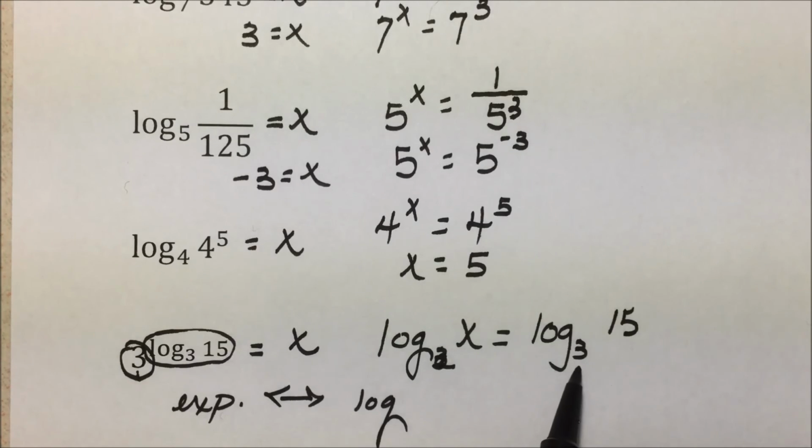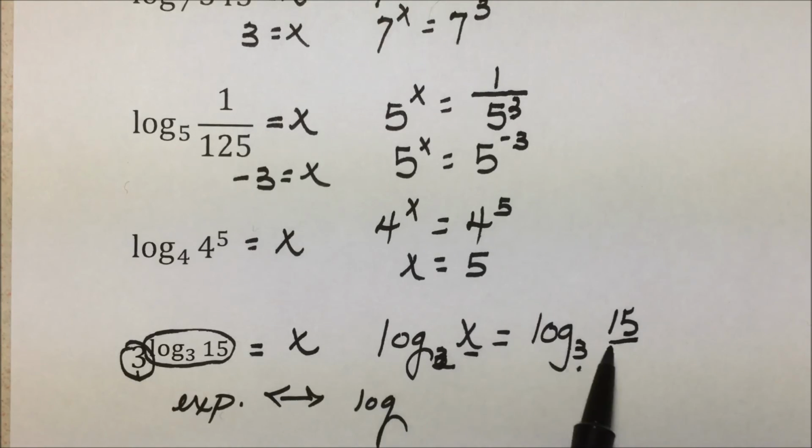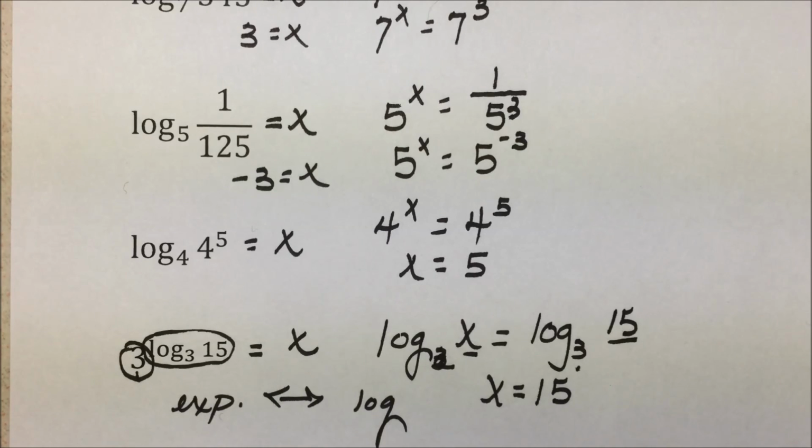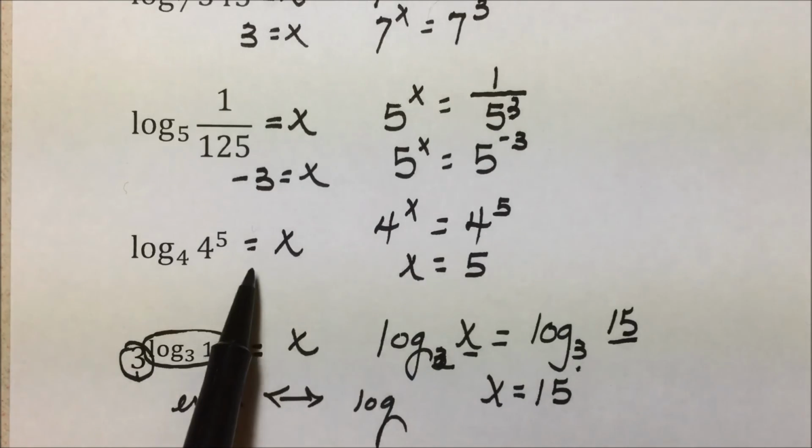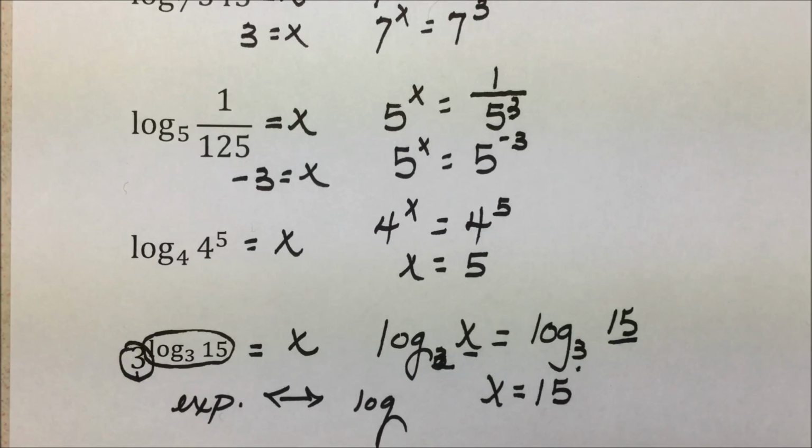We have the same bases on our logs. Log base 3 of x, we don't know, is equal to log base 3 of what? Since the bases are the same, we're taking log of the same number. x must equal 15. So we got the solution by translating our exponential form into logarithmic form, just the opposite of what we've been doing on the previous ones, or we could have used that definition from the meaning of log base a of x.